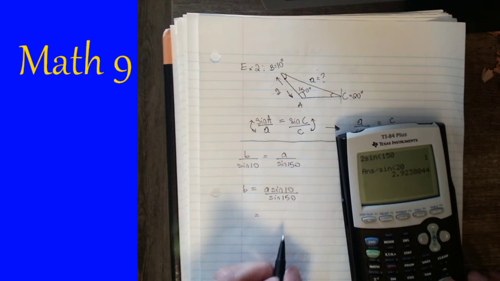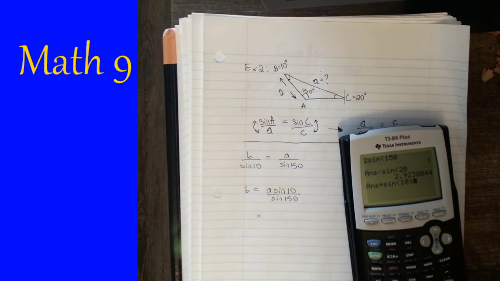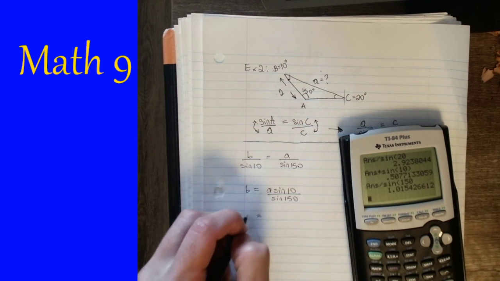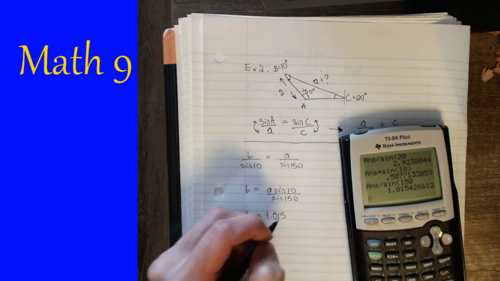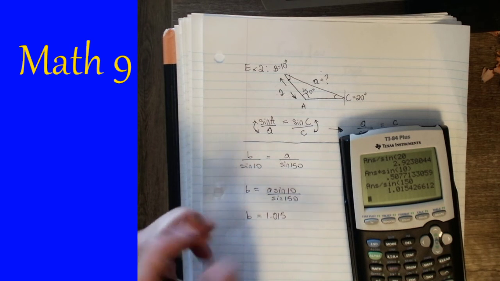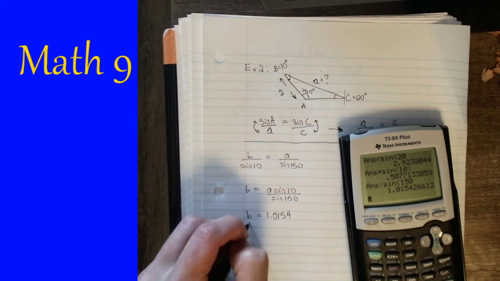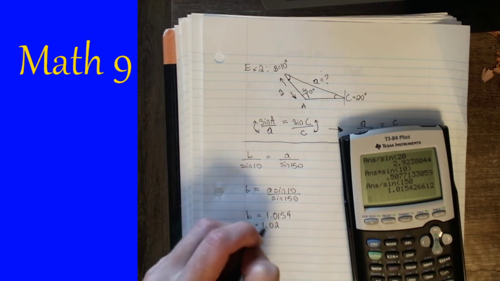We're going to take that, multiply it by sine 10, and then divide it by sine 150. We get b is equal to 1.0154. So we'll say 1.015. We'll just round that to 1.02.